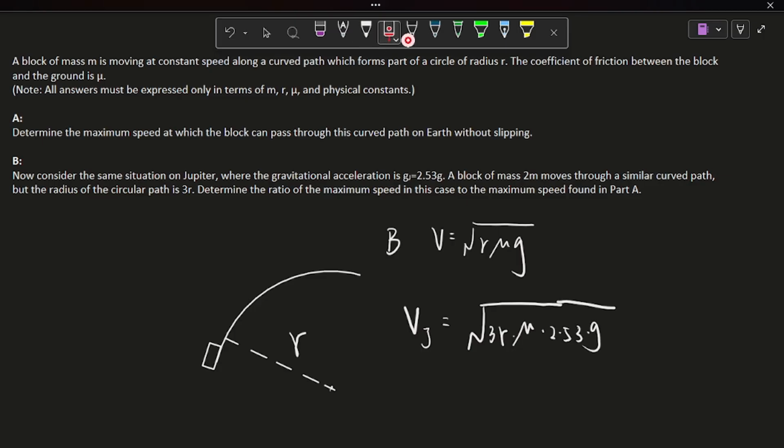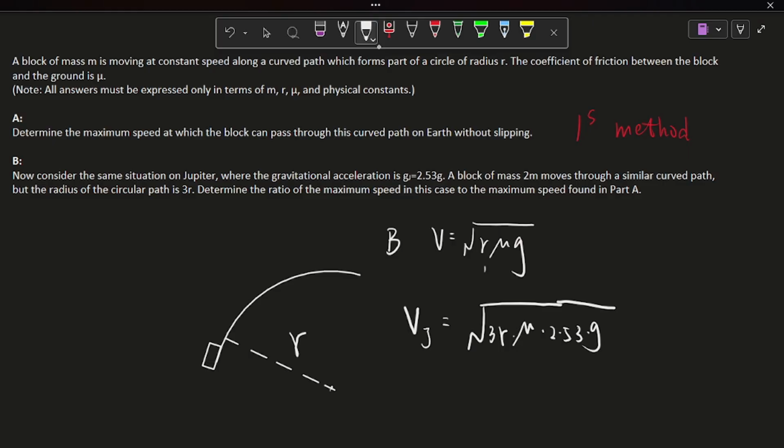Now let me introduce you to the ones method. The essence of the ones method is basically switching the parts you already know to 1. For example, over here, you can assume that r, mu and g are all 1s.